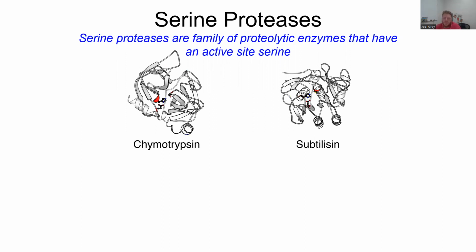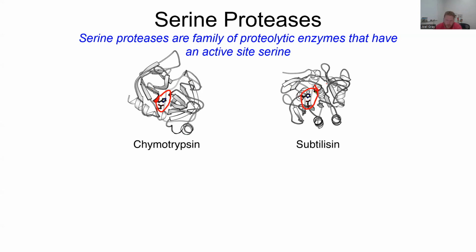Now, here are two examples of serine proteases, the structures of these serine proteases. And it's not so mission critical that you can see, oh, that's chymotrypsin clearly because there's an alpha helix at this termini or anything like that. But instead, there are a couple of amino acids that are highlighted. And these amino acids are right here and right here, respectively.